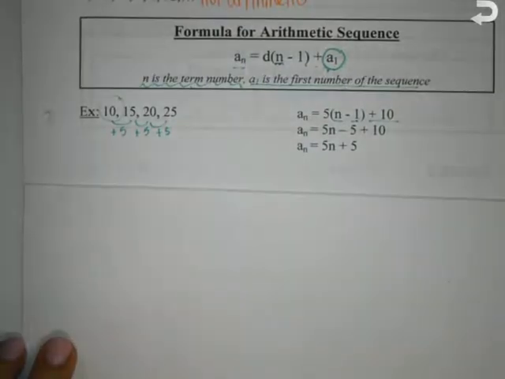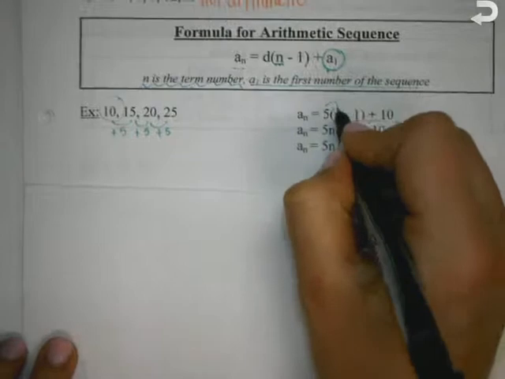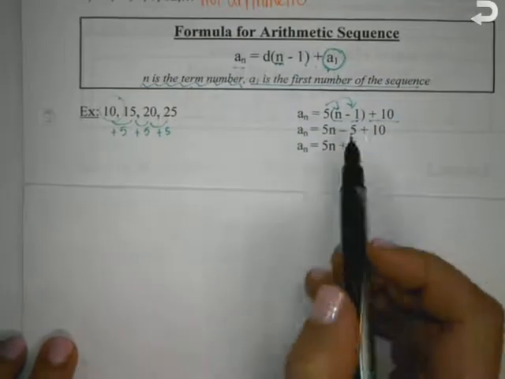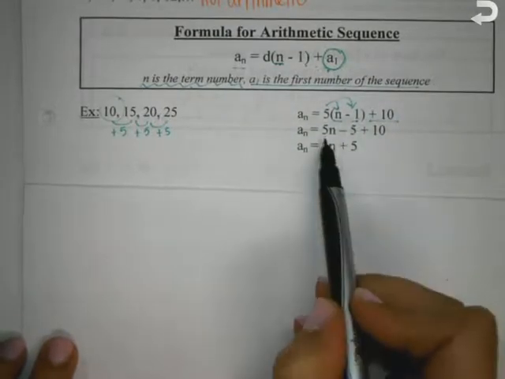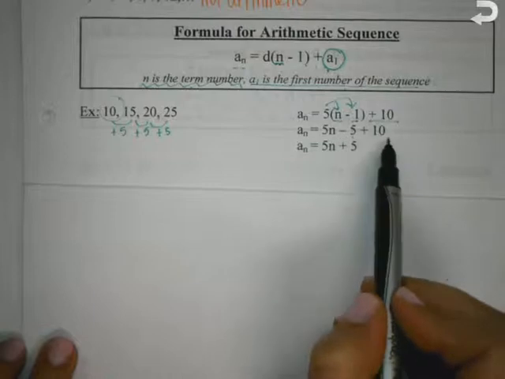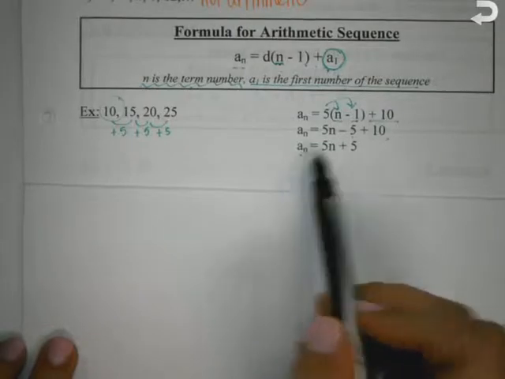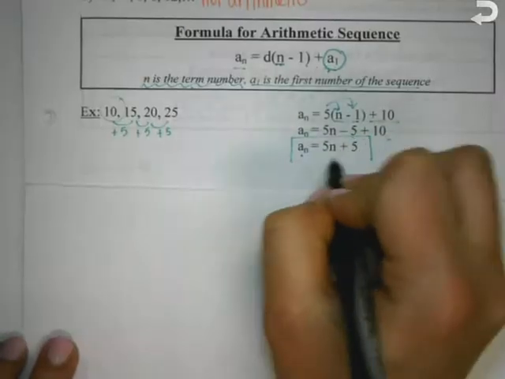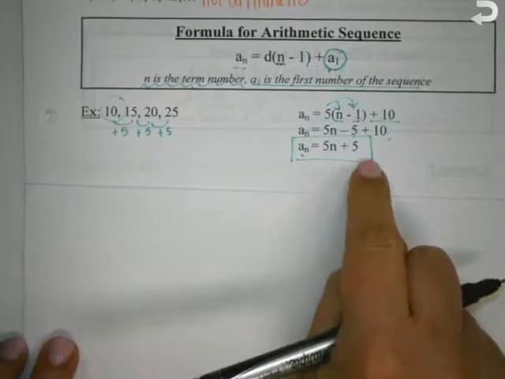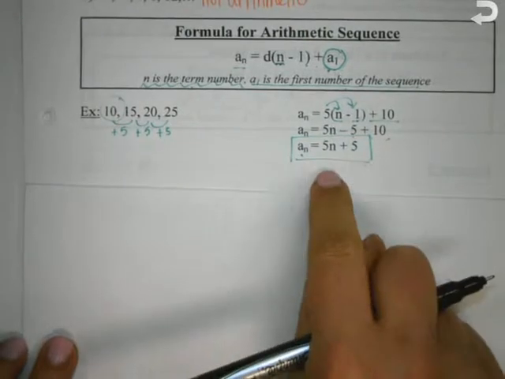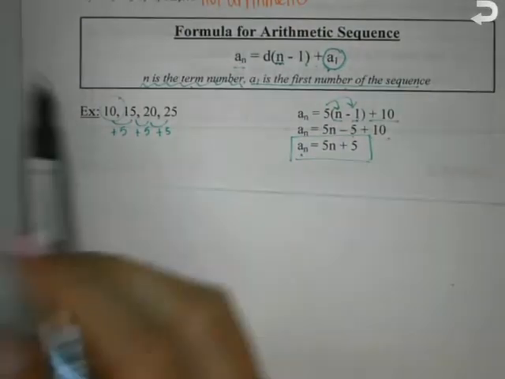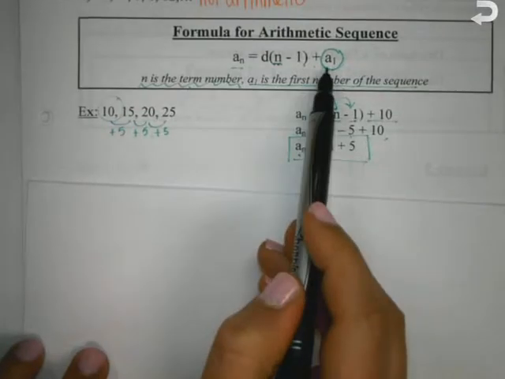Then we distribute the 5 because you need to simplify this as much as possible. So that's 5n minus 5 plus 10. And then when we combine like terms, we get A sub n equals 5n plus 5, and that's what your answer is going to be. So you're just going to plug all the information that you know into the formula and then simplify it as much as you can.